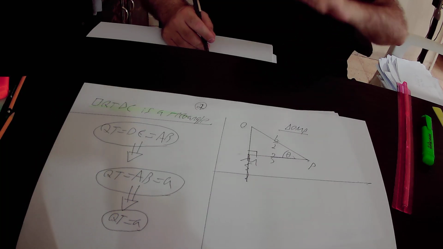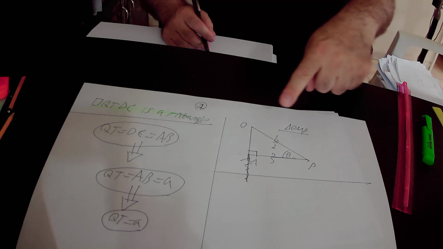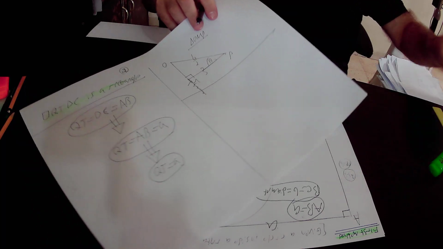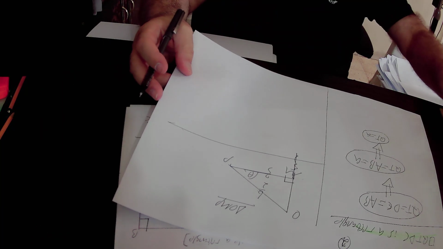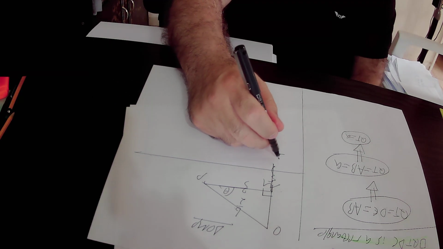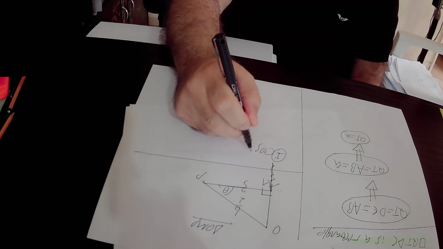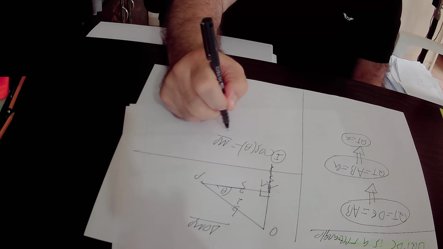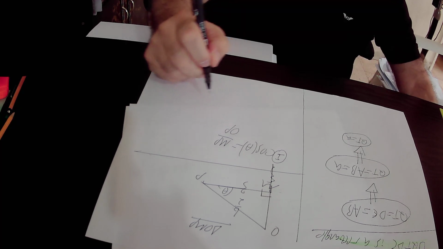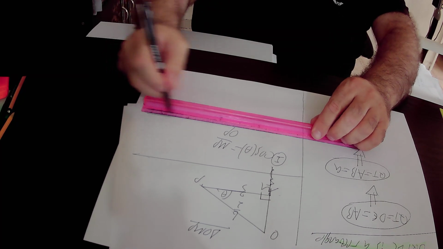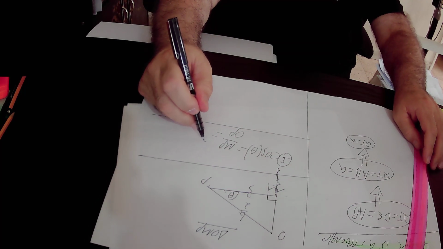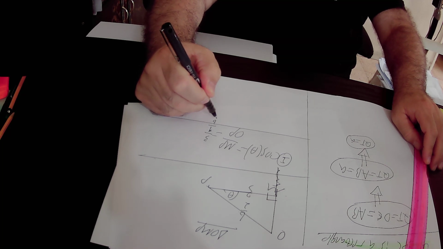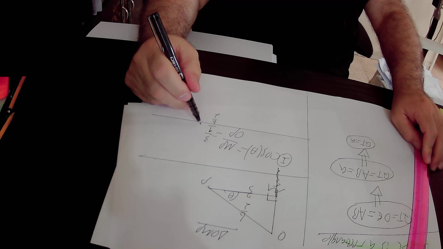In triangle OMP, cosine theta equals MP over OP. So I write it down. MP equals 3 units, so we substitute MP by 3, and OP equals B over 2, so we substitute OP by B over 2. 3 over B over 2, what is the value?